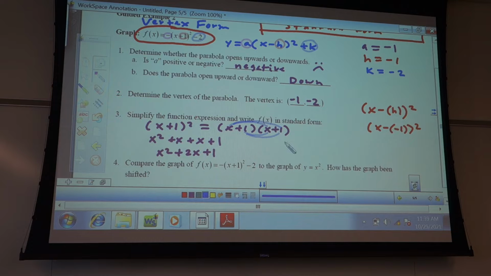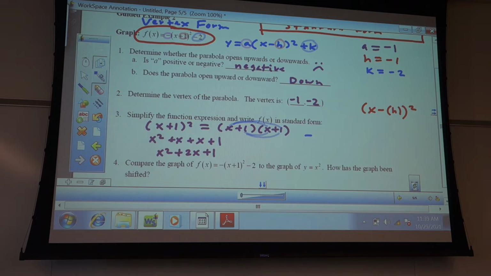So my original function is negative x plus 1 squared minus 2. What I'm going to do is I'm going to take this part here. This part here is equal to what?